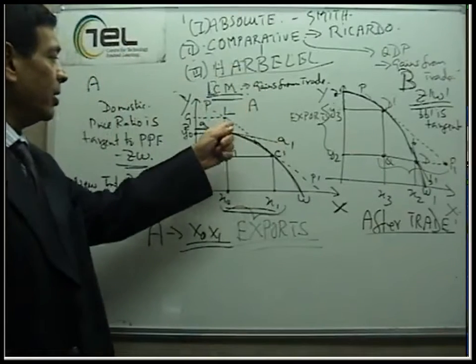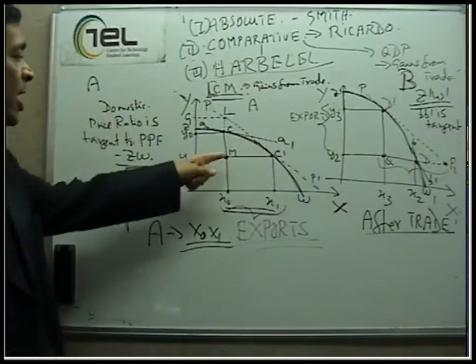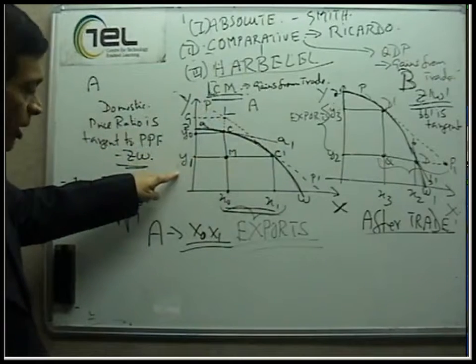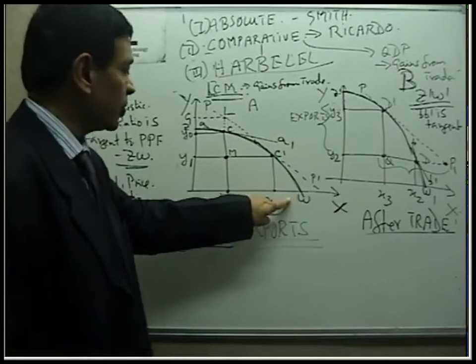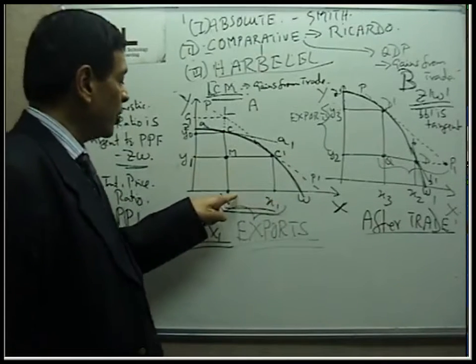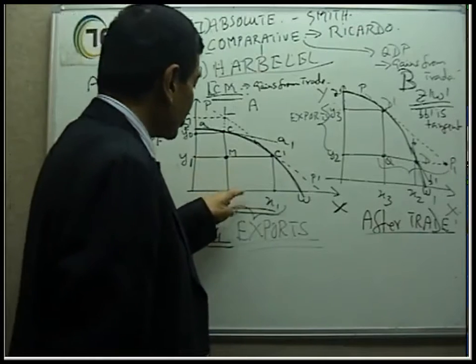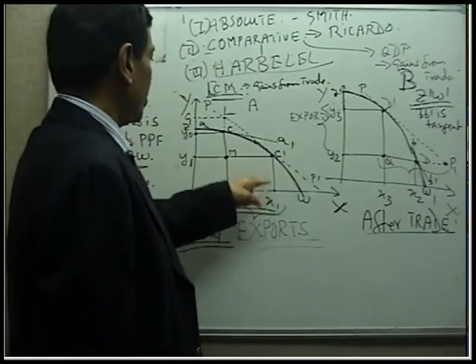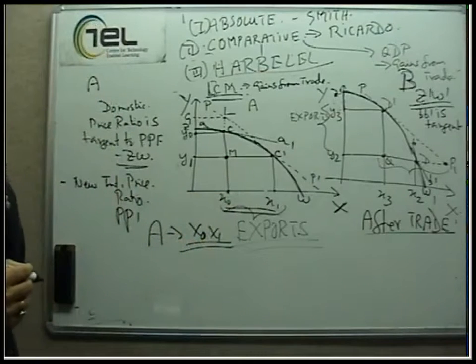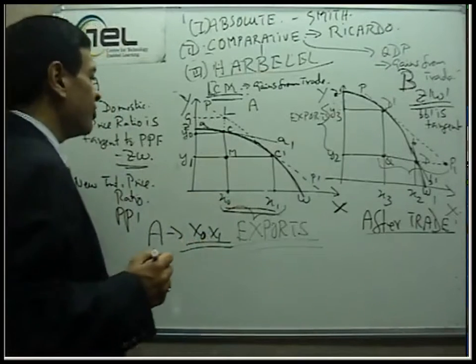Because at point C1, what it wants to consume is Y1, and what it wants to produce and consume before trade is X1. But after trade, it produces up to X0. The extra production it exports, and in return, it imports more of Y. So this is what I call the gains from trade.